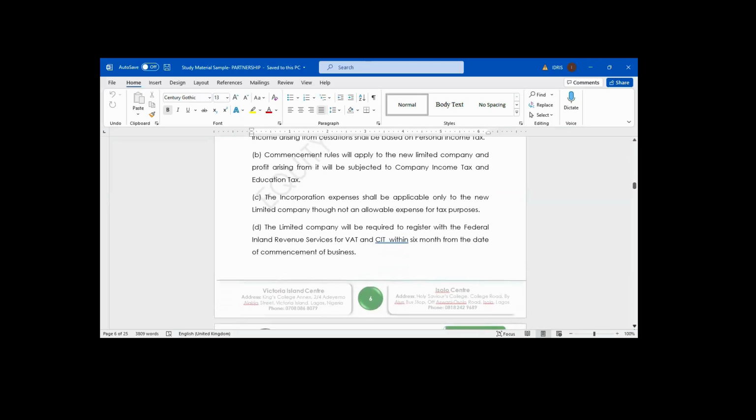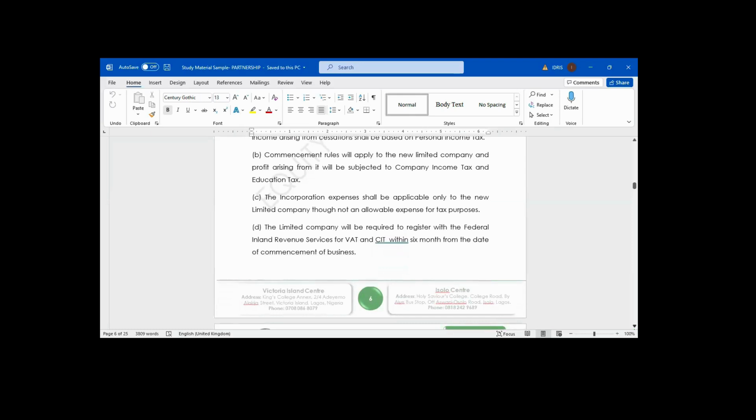Another one, incorporation expenses incurred shall be applicable on the new limited company and is going to be treated as a disallowable expense.